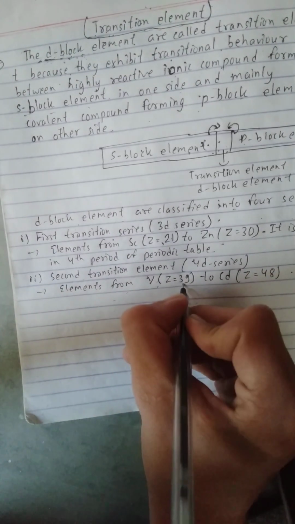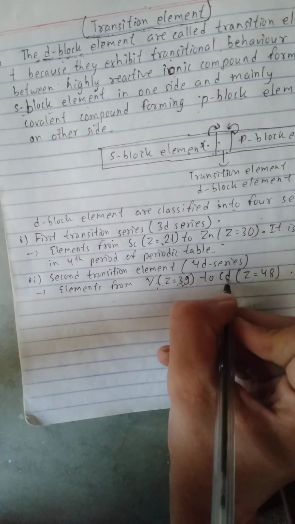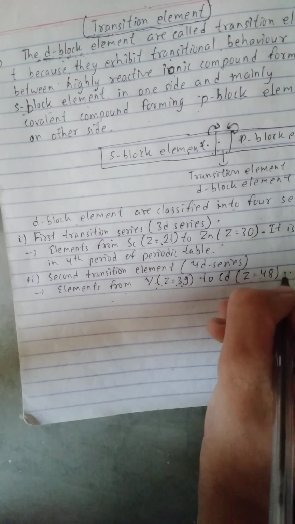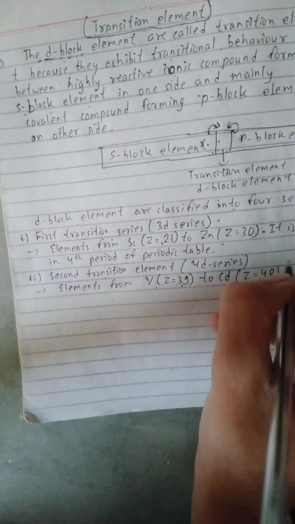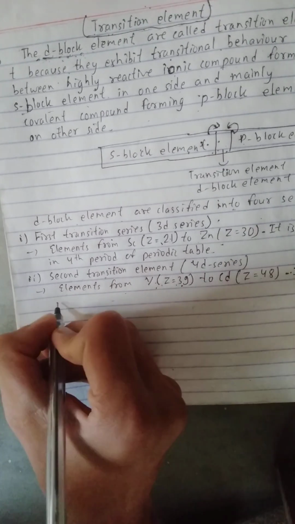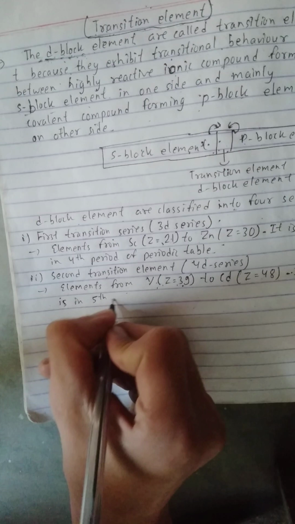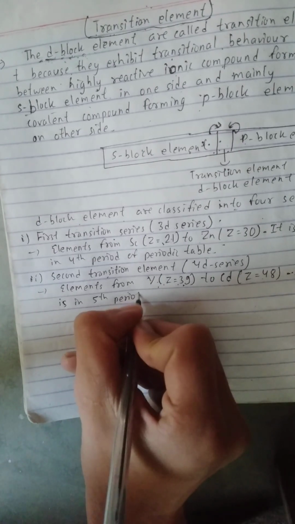These elements, from yttrium Z equals 39 to cadmium Z equals 48, are classified as second transition elements, and they are in the fifth period of the periodic table.